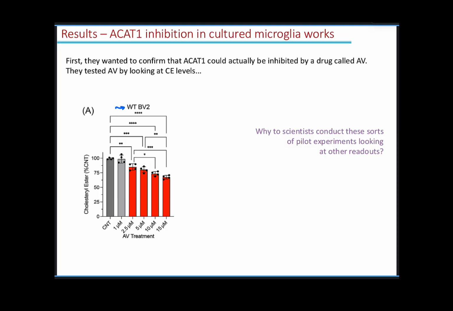We'll see that that changes later. And they did an AV treatment, and this is a dose curve in a way, or a titration experiment in which they have CNT, which is how they denote controls throughout the paper, and they add increasing doses of AV to the cultures, and they measure on the y-axis cholesterol ester levels, and they see that with increasing doses of AV, the amounts of cholesterol ester drop, and they drop significantly.